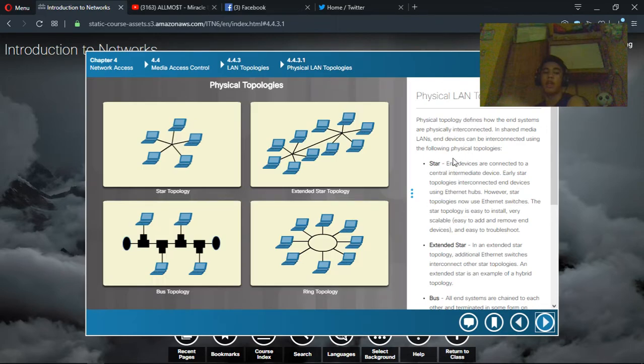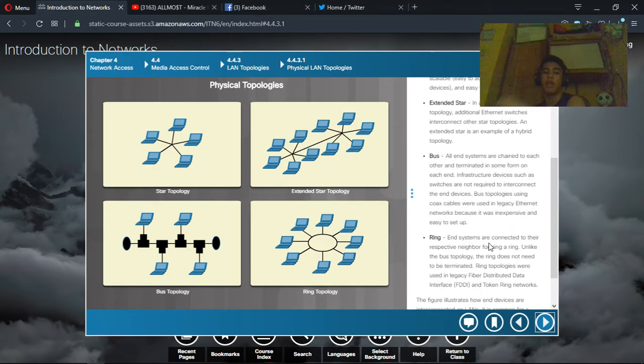Then physical LAN topologies. It can be star topology, extended star topology, bus topology, and ring topology. Star topology has devices that are connected to a central intermediate device. The extended star is like a star topology, but the central intermediate device is connected to another central intermediate device, which will connect all of these devices to one another.